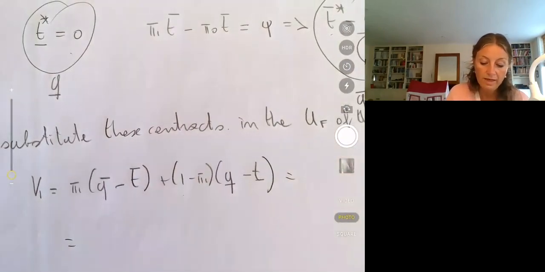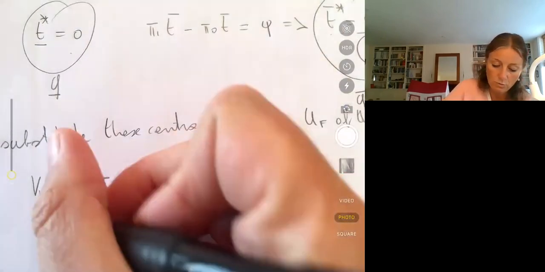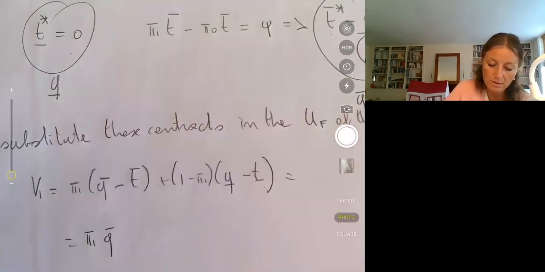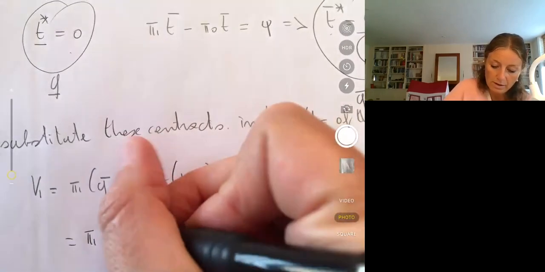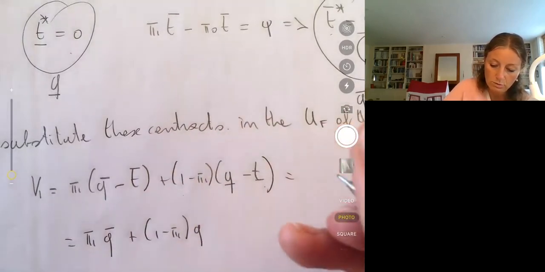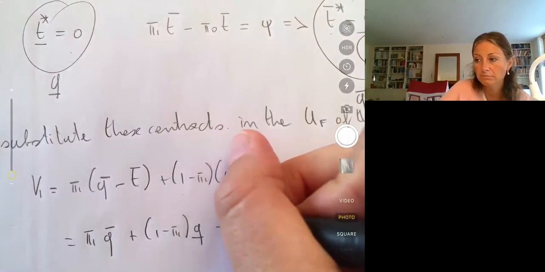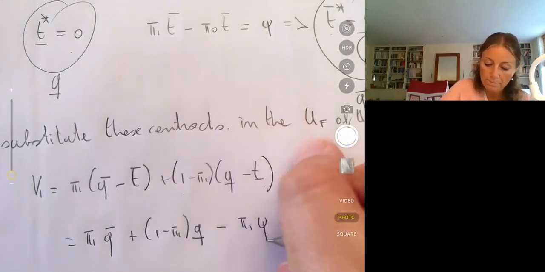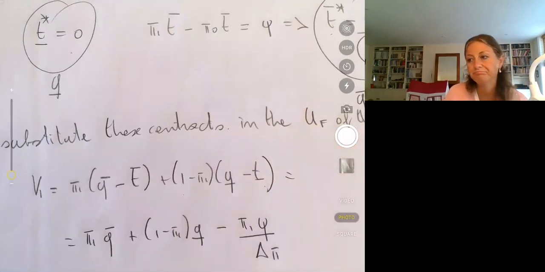We have that T lower bar is actually equal to 0. So we can rewrite that as pi 1 times Q upper bar plus 1 minus pi 1 times Q lower bar minus pi 1 psi divided by delta pi.